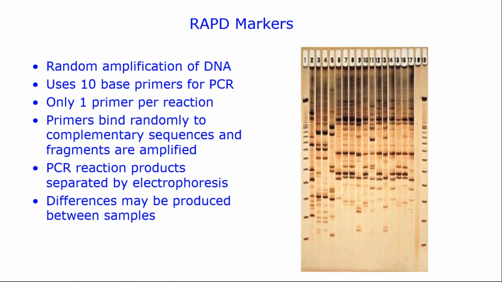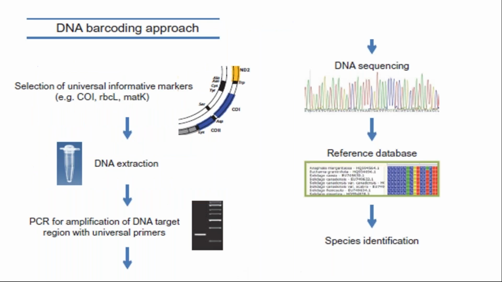These primers will bind randomly to the DNA, and they get amplified, and you will see that you get a whole host of different products. Now you can compare these products because we have databases by which you can compare these gel patterns, and you can tell to which species it belongs.